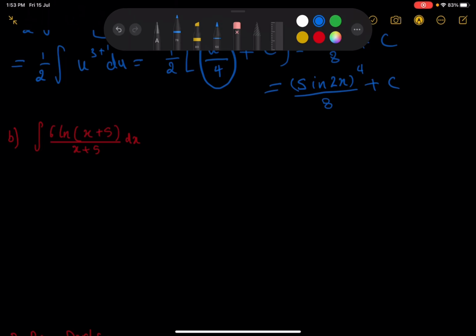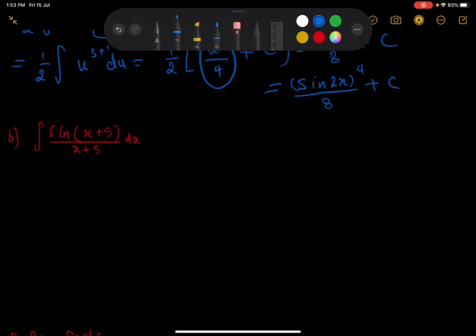As you can see here, I have two terms that are divided by each other. So I have 6 ln x plus 5 over x plus 5 dx. For this one, I don't have an integration for ln.